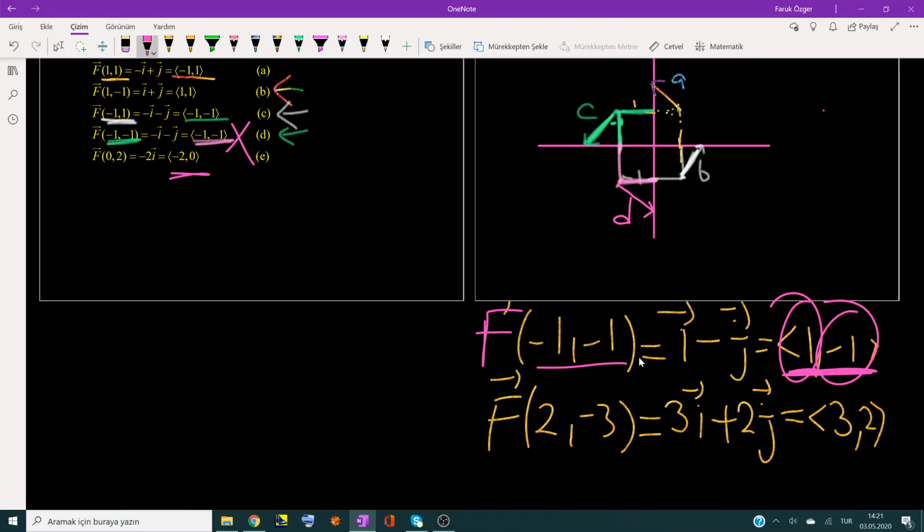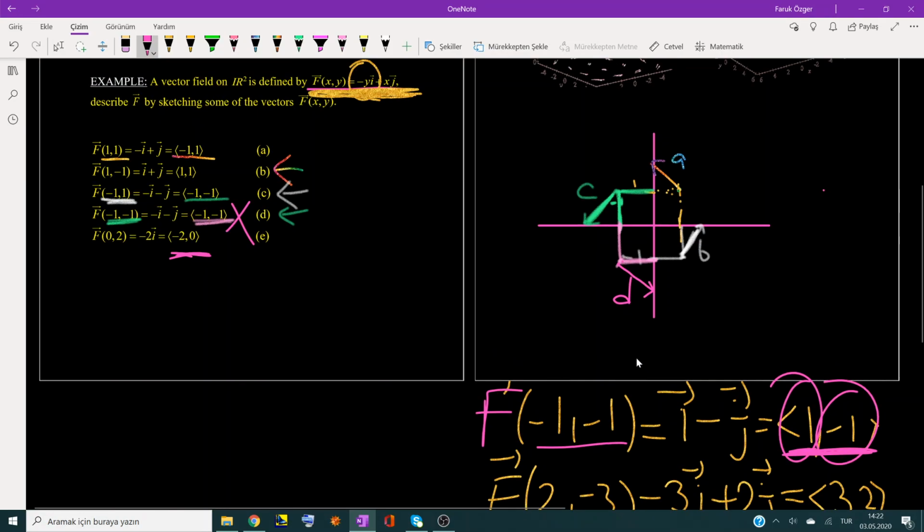Let's look at the last point. For the point 0, 2, the vector field generates the vector minus 2, 0. Okay, minus 2, 0 means 2 units left and don't go up or down. So at the point 0, 2 means you are here, this is the point 2.